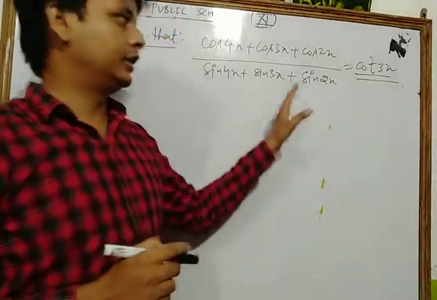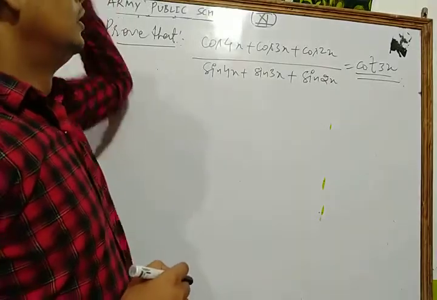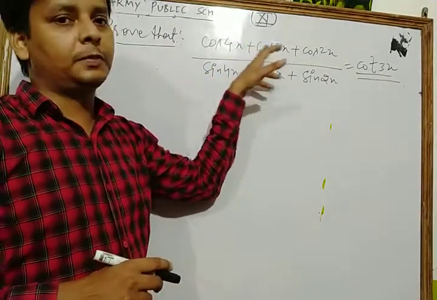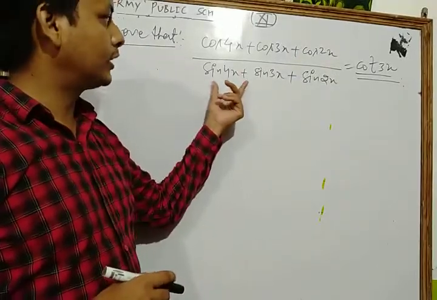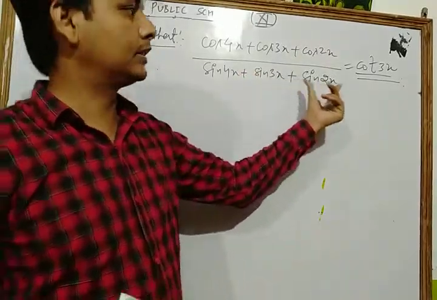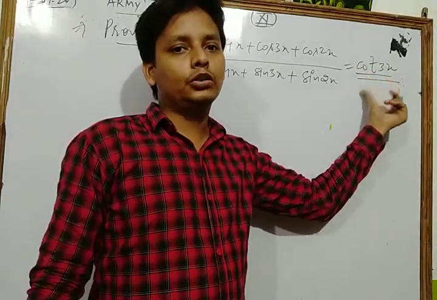Right, this is your NCERT question. We have to show that cos 4x plus cos 3x plus cos 2x upon sin 4x plus sin 3x plus sin 2x is equal to cot 3x.